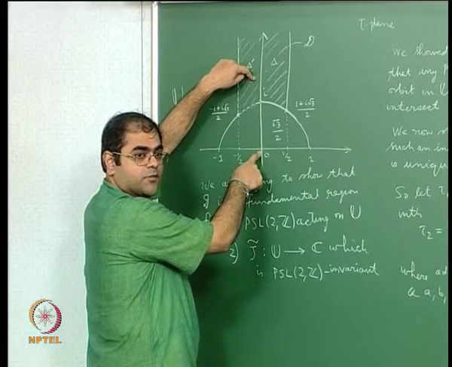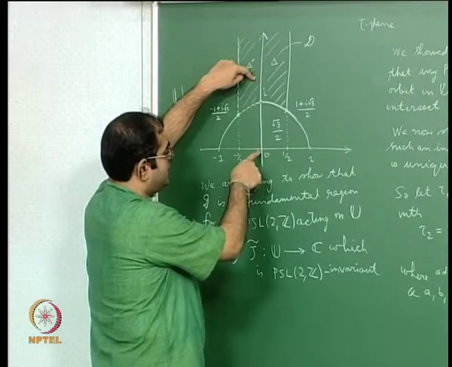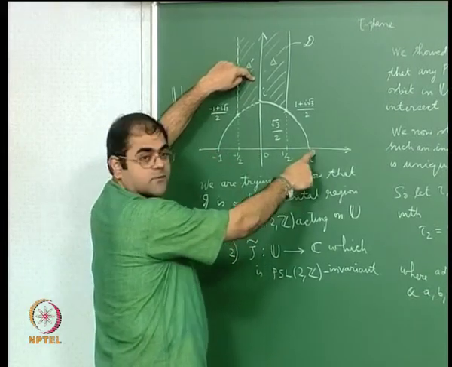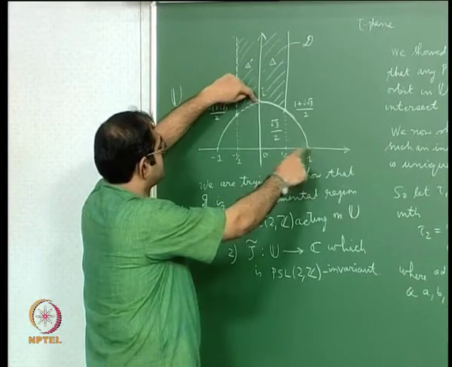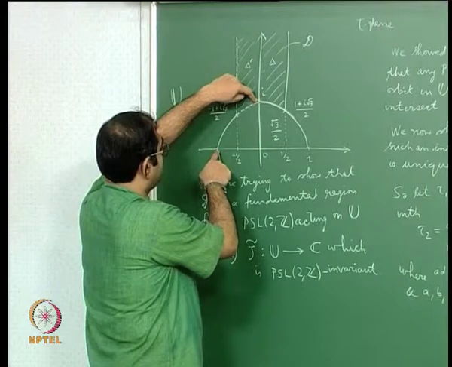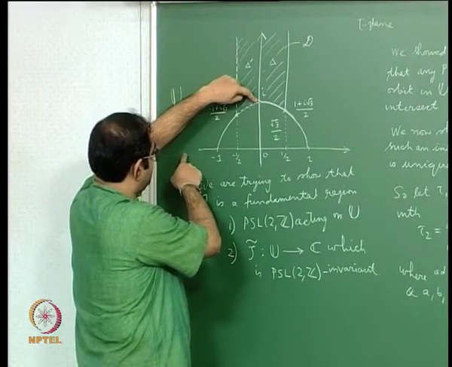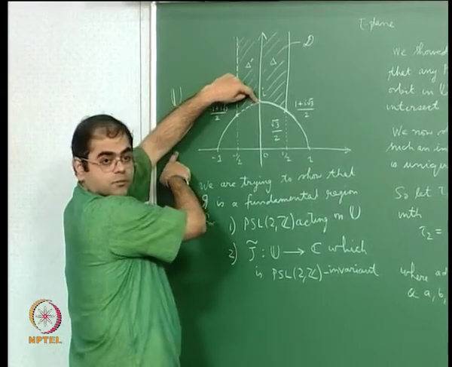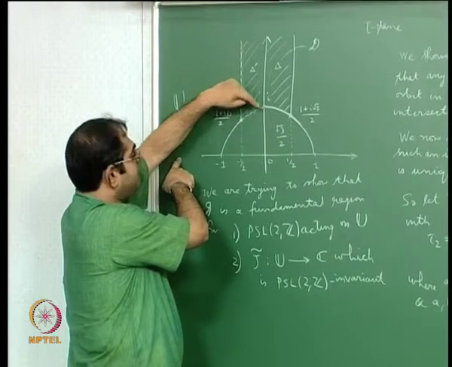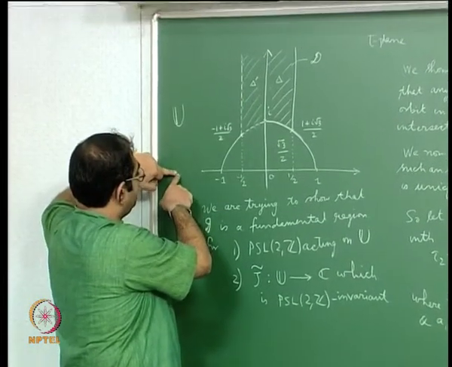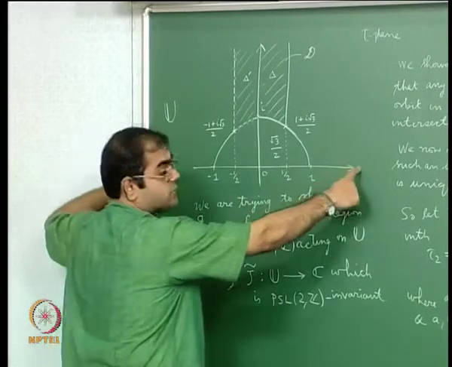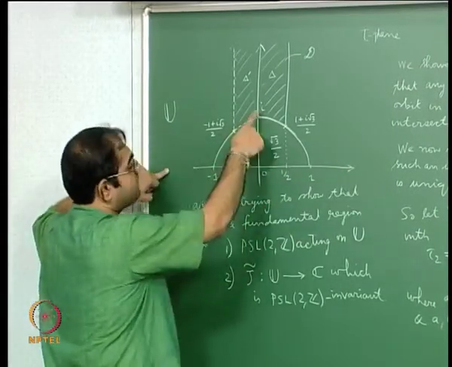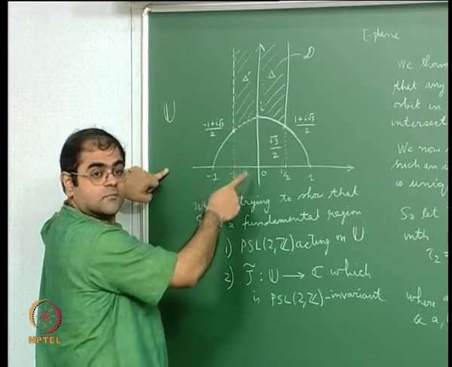Of course d can be 0, minus 1 or plus 1, there are three possibilities. If d is less than or equal to minus 2 or d is greater than or equal to plus 2, then the distance of d from tau is certainly greater than 1.